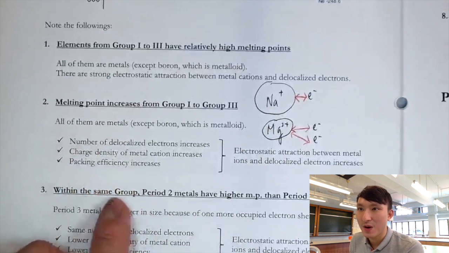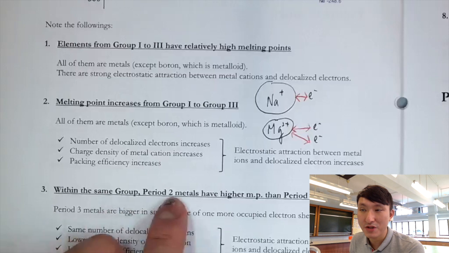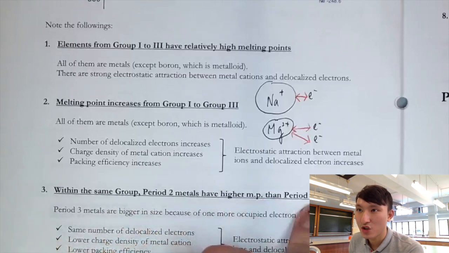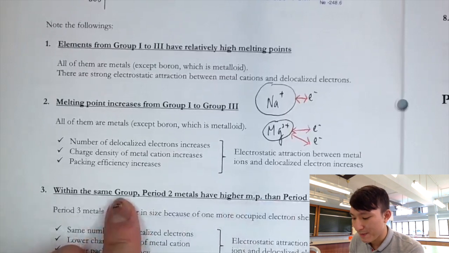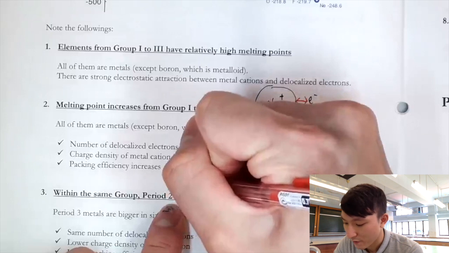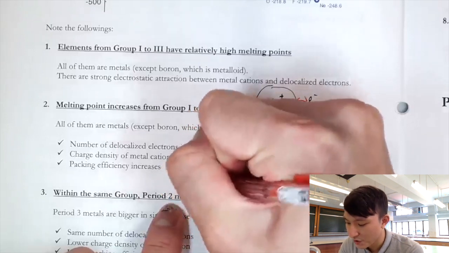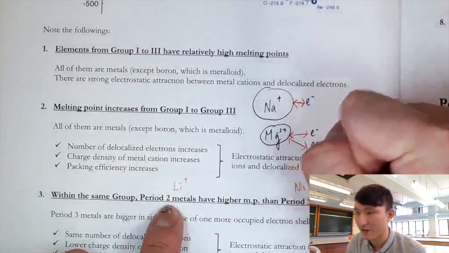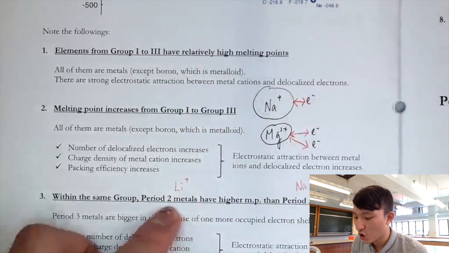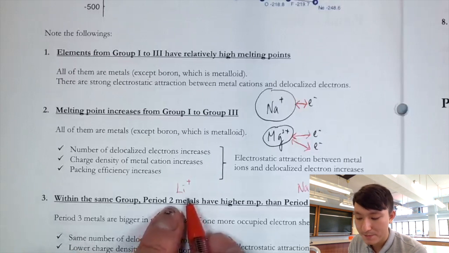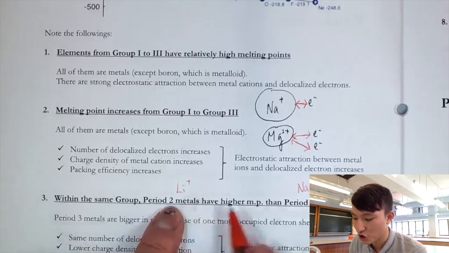It says that within the same group, period 2 metals have a higher melting point than period 3 metals. Let me use an example. For group 1, we have lithium for period 2, and then we have sodium for period 3. What it's trying to say is lithium has a higher melting point than sodium.